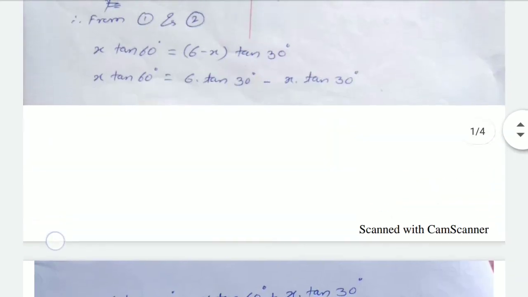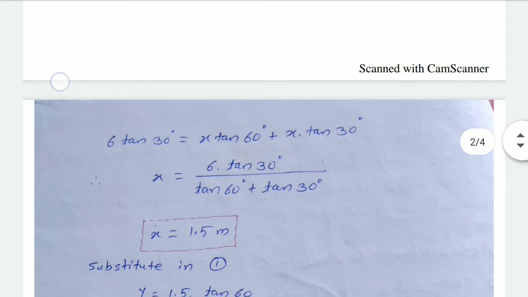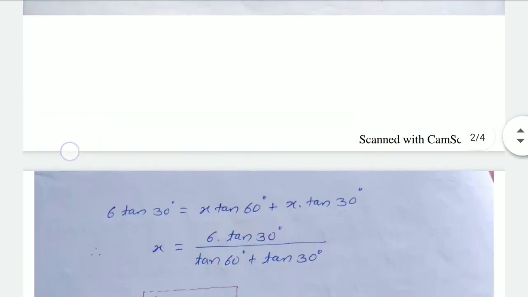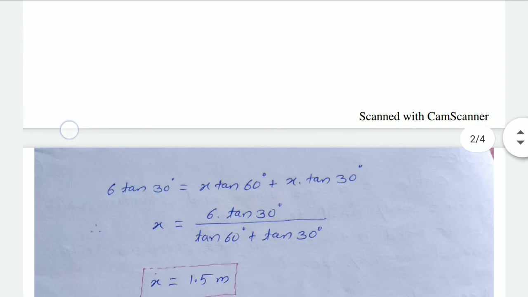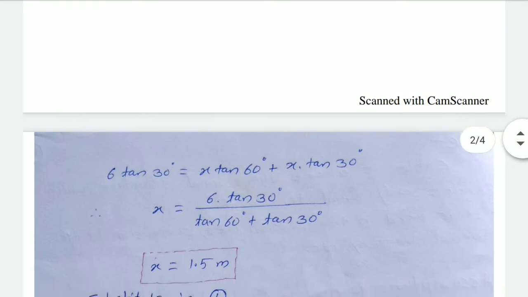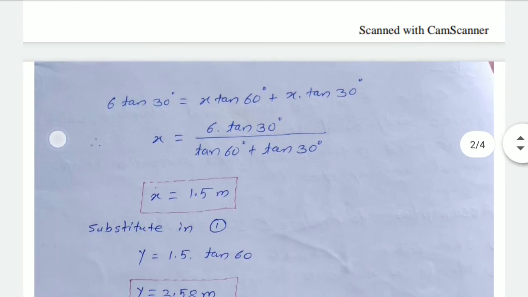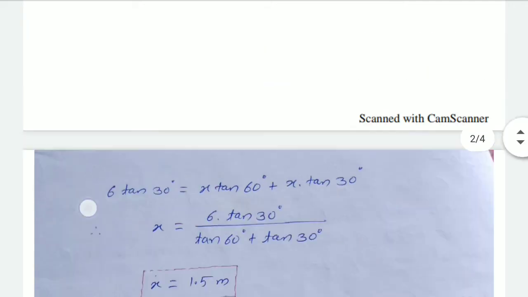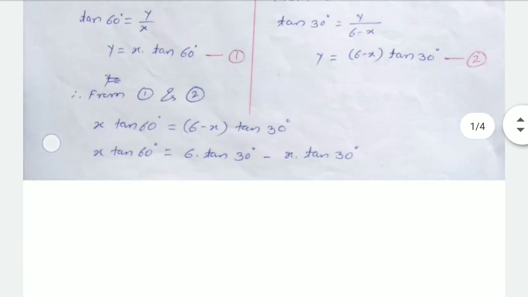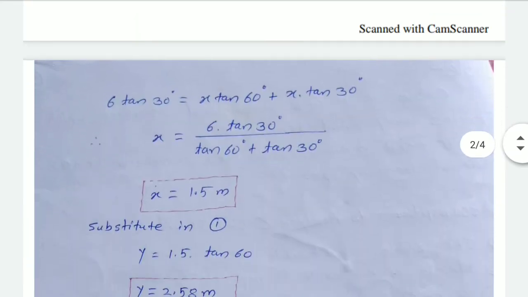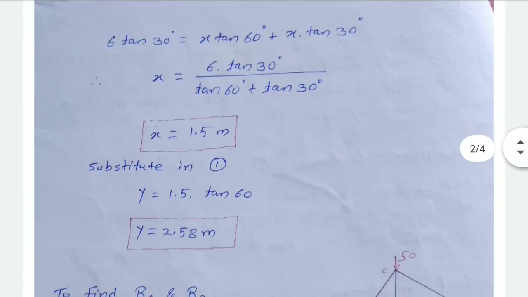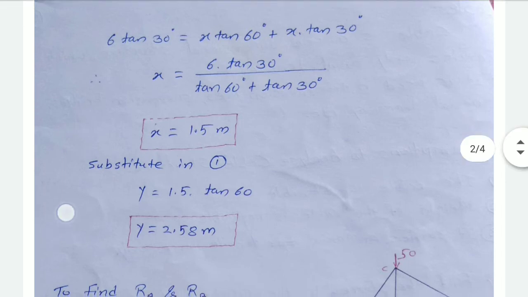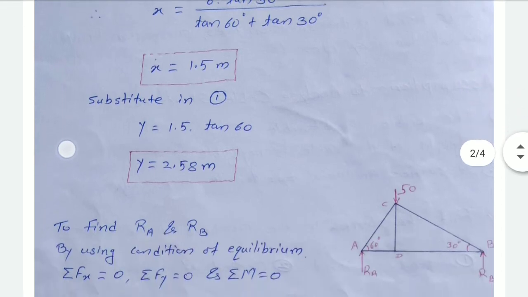Converting this in terms of x, we get x equal to 6 tan 30 divided by (tan 60 plus tan 30). So x is equal to 1.5 meter. The remaining is y. Substituting in any one of the above equations, number 1 or 2, suppose we substitute in equation number 1, y is equal to 1.5 tan 60. So we get y is equal to 2.58 meter.